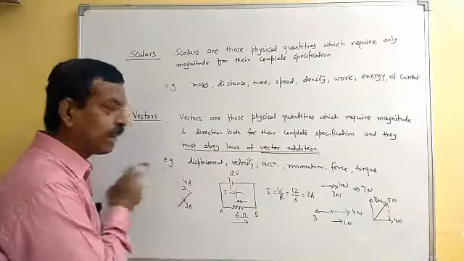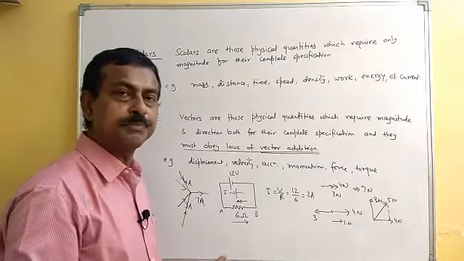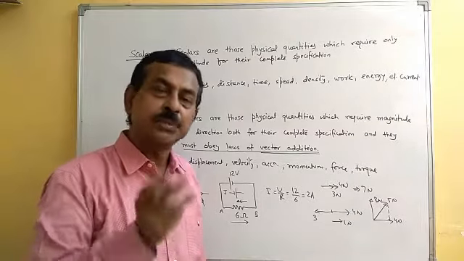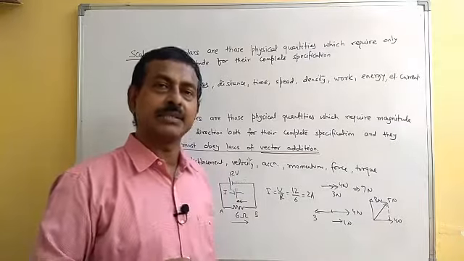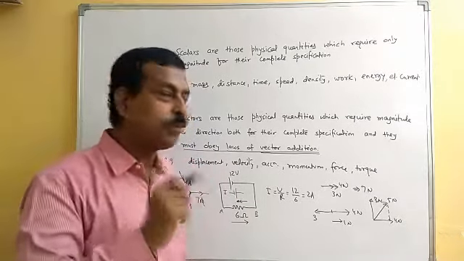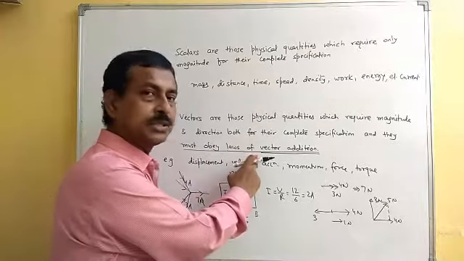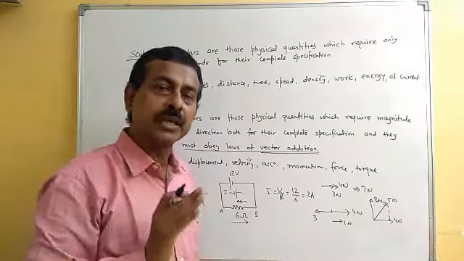Whether you put the wire like this, another like this, or you put this 3 and this 4, whatever way you keep, it will always remain 7 ampere. That means it does not depend upon the angle between the 2 wires carrying the current. So it obeys scalar addition, not vector addition. That is why electric current is taken as a scalar quantity.